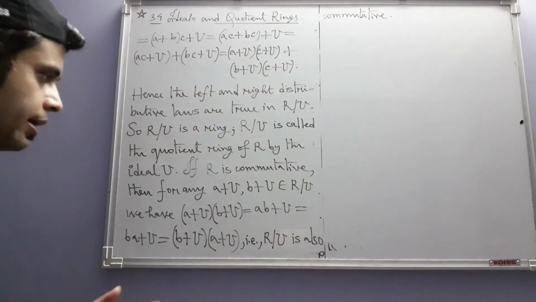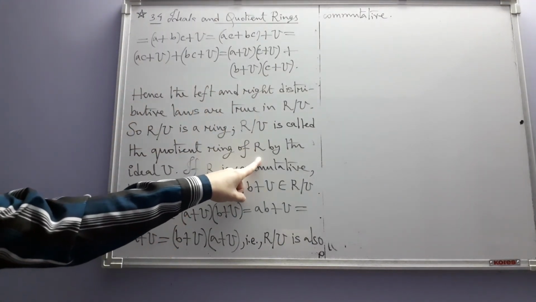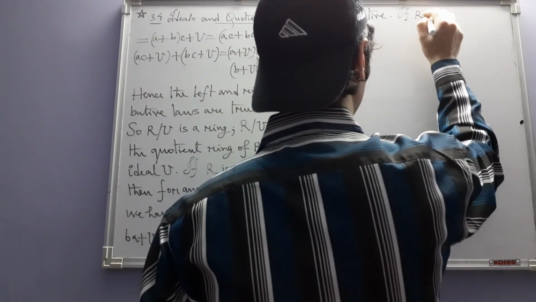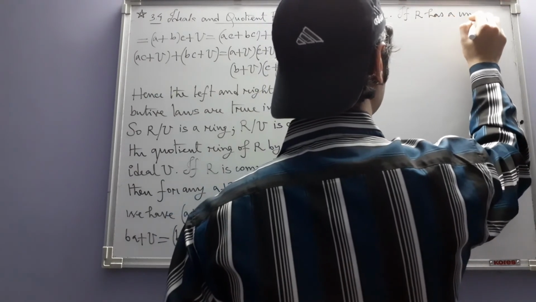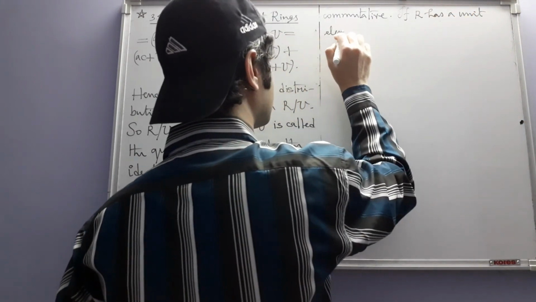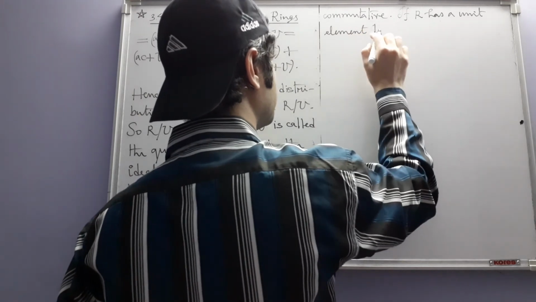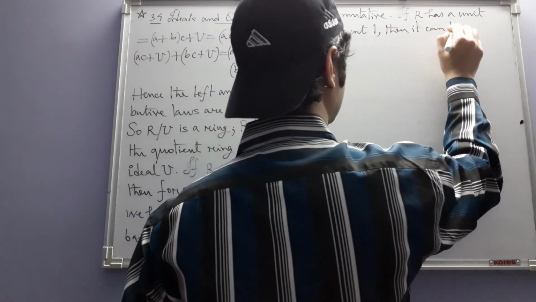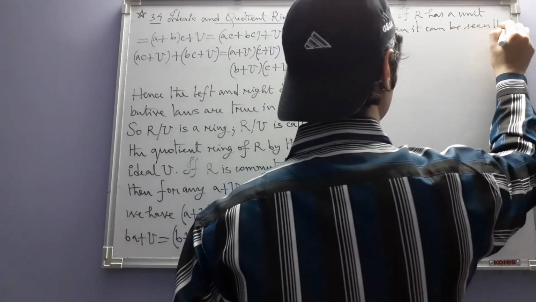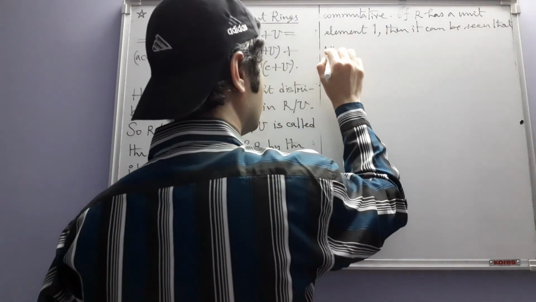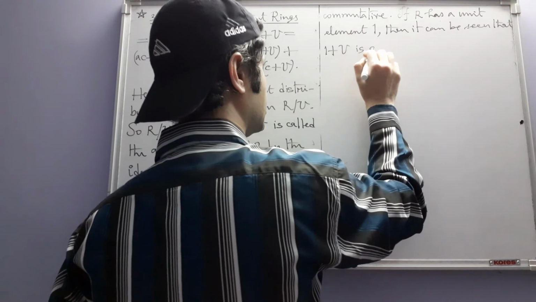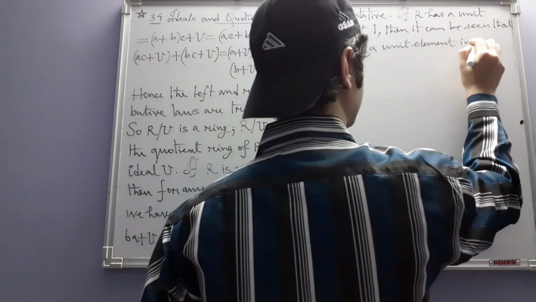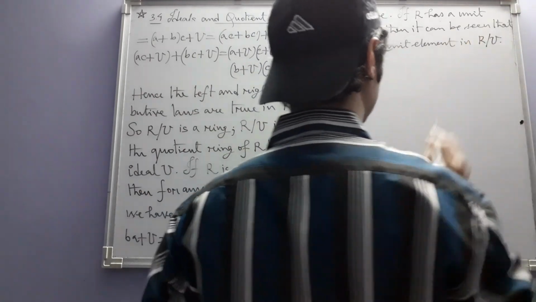And one more thing is that if our ring R has a unit element, then so does R by U. If R has a unit element 1, then it can be seen that 1 plus u is a unit element in R by U. It's very easy.